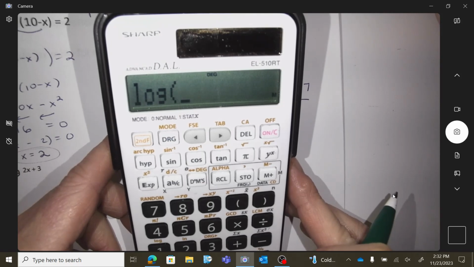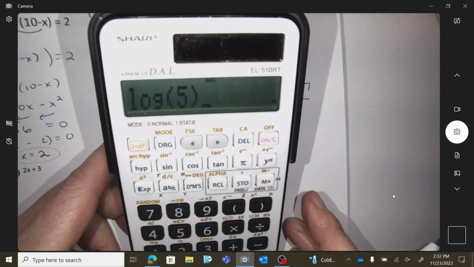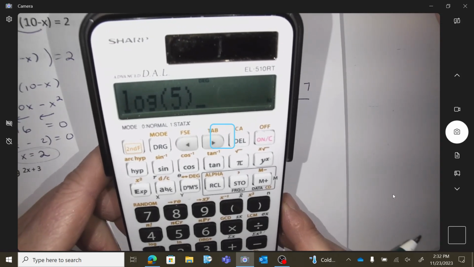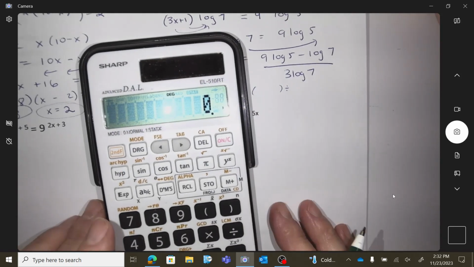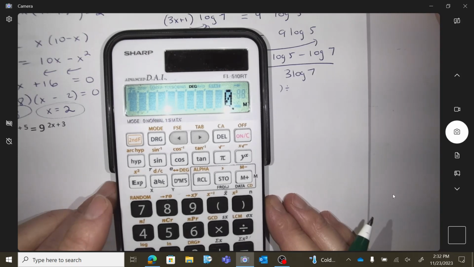Does anybody have that style of calculator? As soon as you push log, did you get a bracket? Because if you do have a brackety calculator, you're going to be putting in lots of brackets. Okay. Yours is normal. You have a brackety one? So you're going to have a lot of brackets going on.